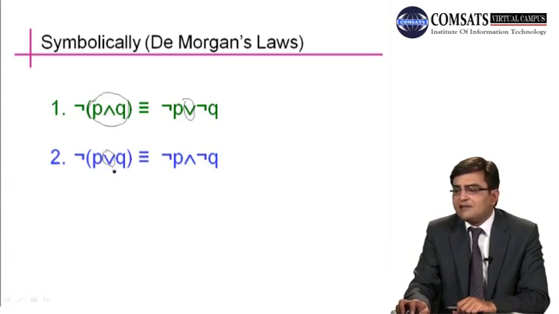Then this disjunction will be converted into a conjunction and the two propositions will be negated separately. So this is De Morgan's law, which we will use frequently in logic or in proving equivalence of two compound propositions.